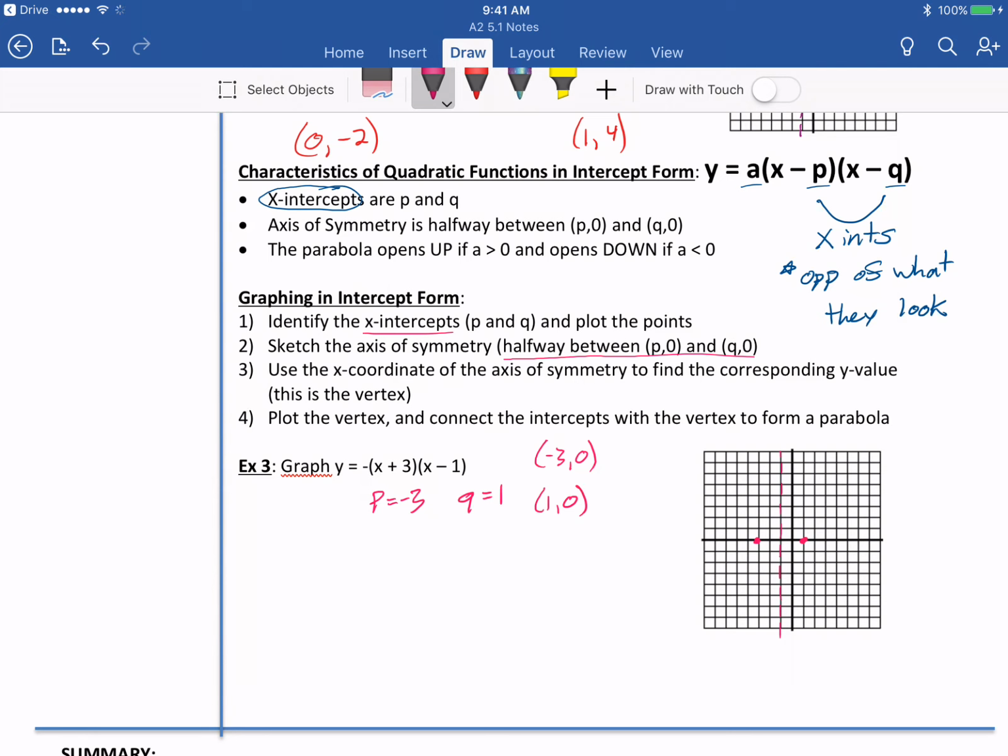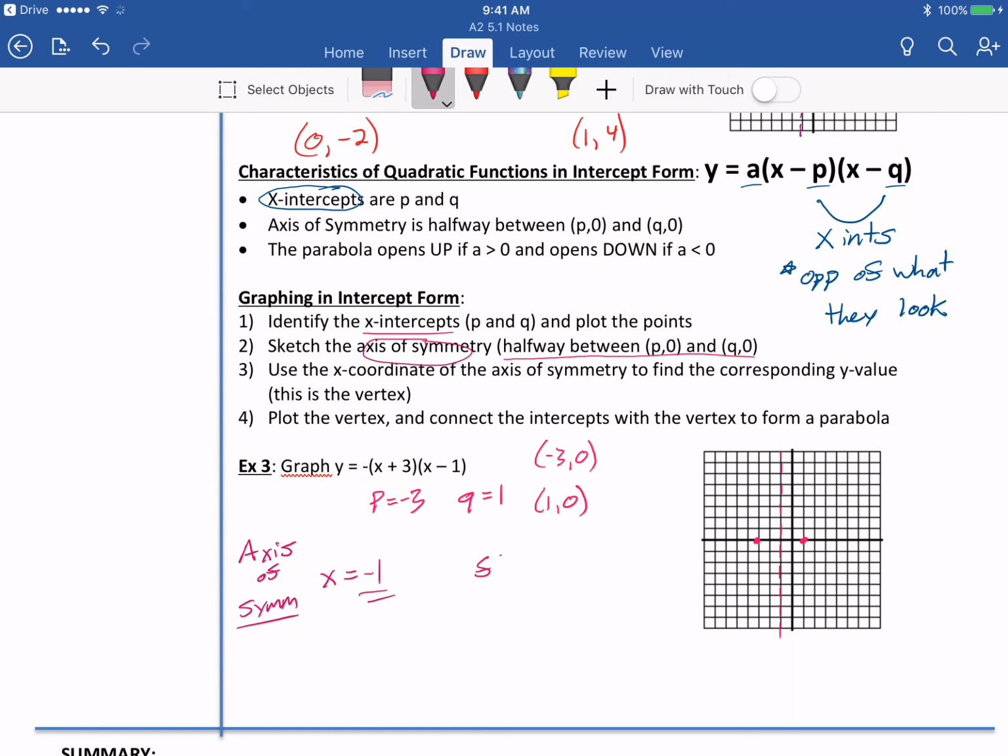So I know that's going to be my axis of symmetry. My axis of symmetry is going to be x equals -1. Now all I really have to do is find out where my vertex is on that line. So I just plug in -1.